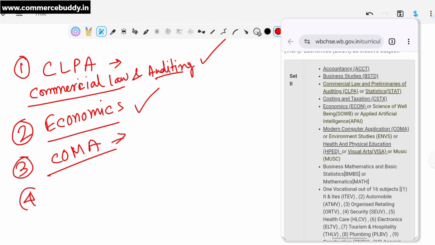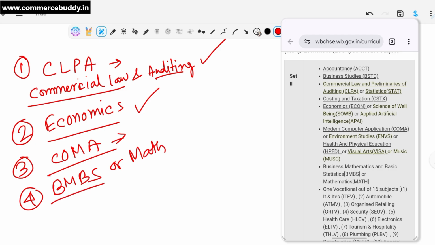Now let's talk about the fourth option, and that is the most talked about fourth subject option. We hear from the students: should I take maths, will it impact if I don't take maths? So the fourth option is business mathematics and business statistics, or maths. So there are two versions.